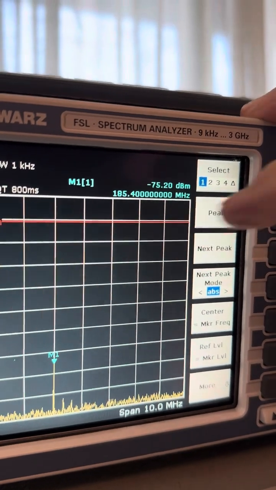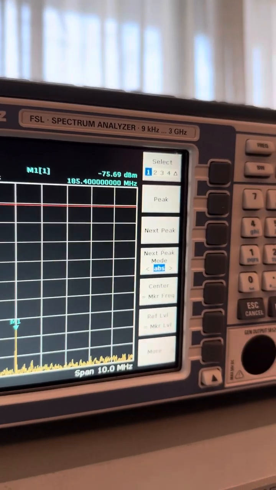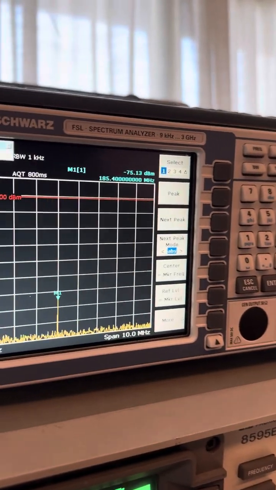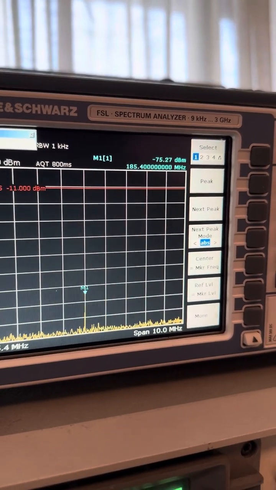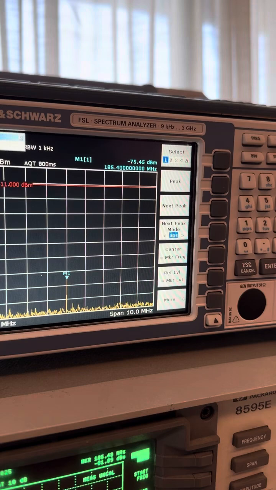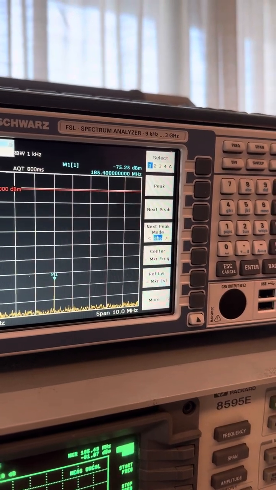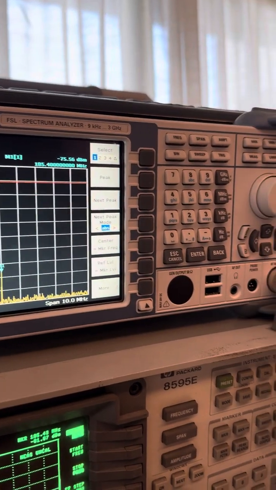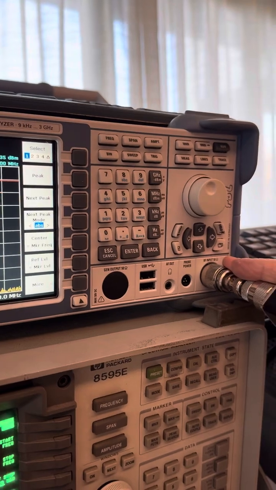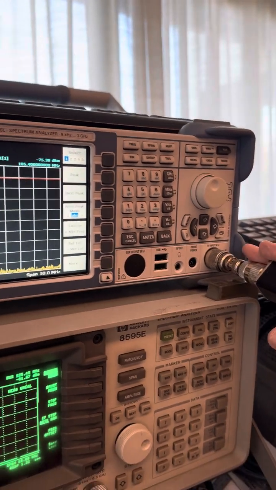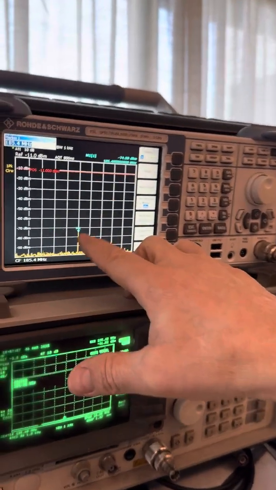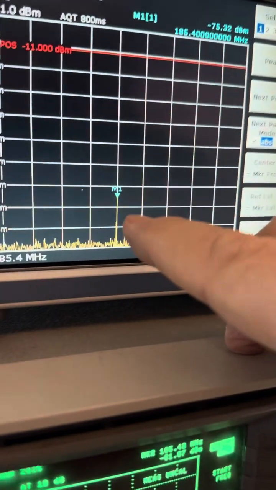What I mean is that with a 10 dB attenuator, I get 20 dB lower harmonics. Why? Because I'm attenuating also the distortion, the intermodulation distortion. So it is the proof that this signal is an intermodulation distortion.